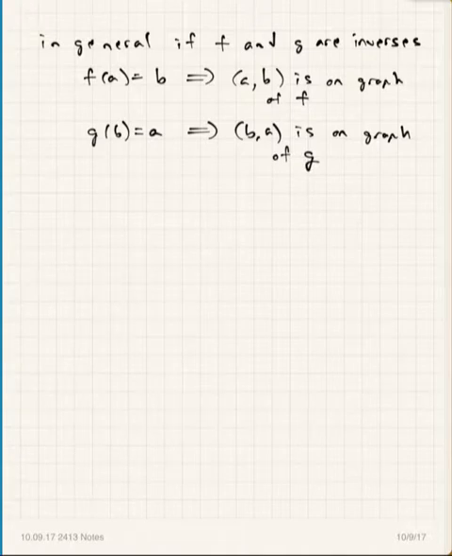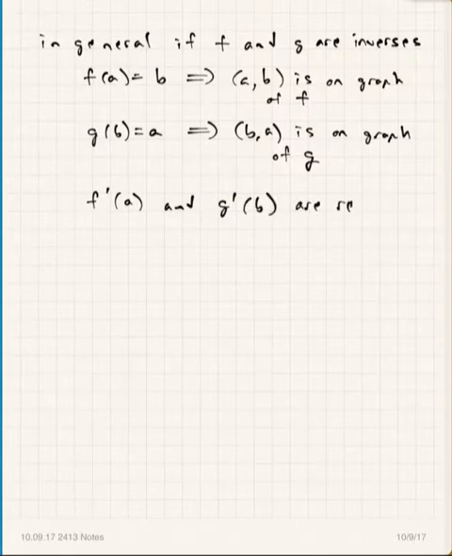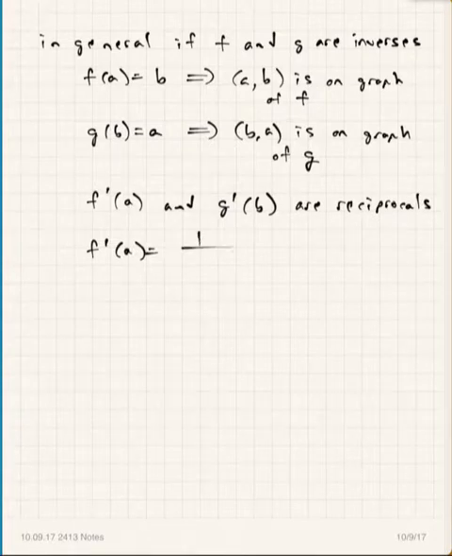What's going to happen here is that f prime of a and g prime of b are reciprocals. In other words, you might see it written this way, that f prime of a is equal to 1 over g prime of b. But that's the main idea I'm trying to get across, that they're reciprocals of each other when you're looking at mirror image points.